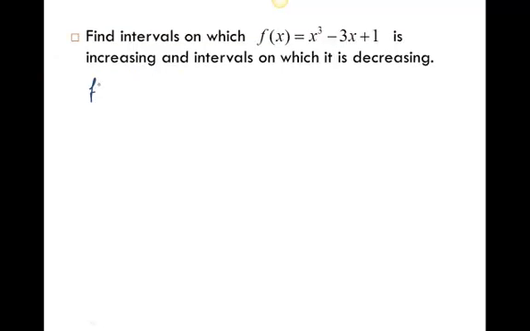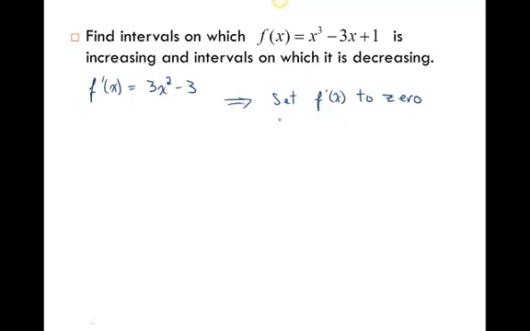So our derivative was 3x squared minus 3. And we're trying to figure out where it's increasing, right? Where it's greater than 0 and where it's less than 0. So the first thing we're going to do is set this to 0.